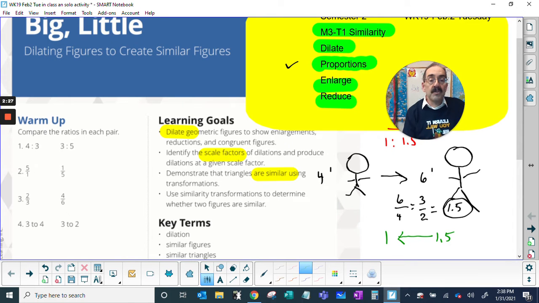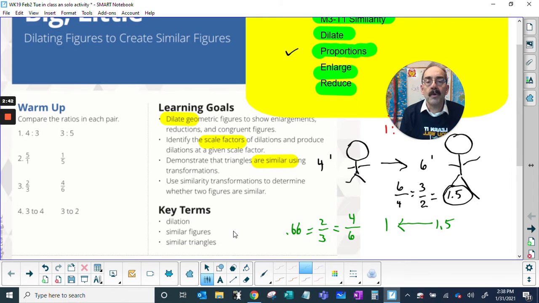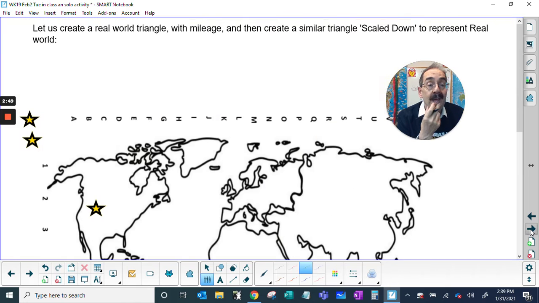So if we went this direction, we would write 4 over 6, 2 over 3, or 0.66 the size. All right, cool. So we're going to dilate. We're going to keep everything similar. Everything is in proportion, okay? So some of the math that we're going to have to do, that's all right, proportions.